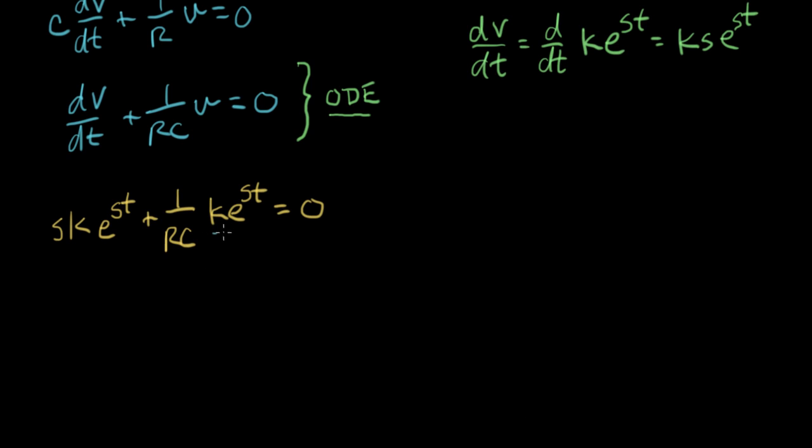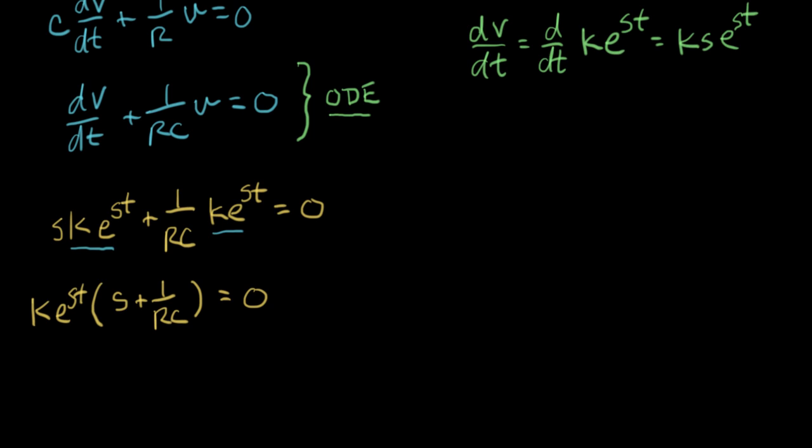Now I'm going to factor out the common term for each one of these. So now we get k e to the st times s plus 1 over rc equals 0.